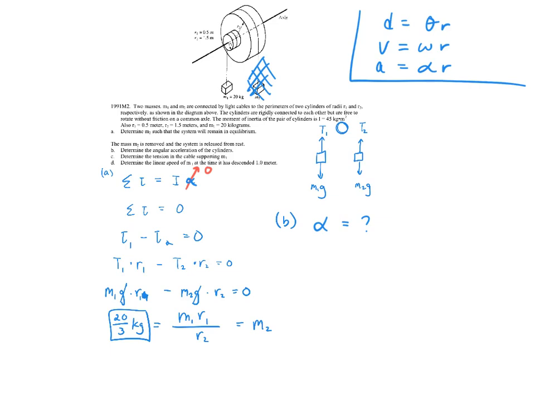So for the second part, we want to look at the net torque again and say that the net torque equals I alpha. Now the only torque that's acting comes from the first mass. So that first mass is going to be tau 1, and that again equals I alpha. And tau 1 is tension in the first cable times R1, which again equals I alpha here.